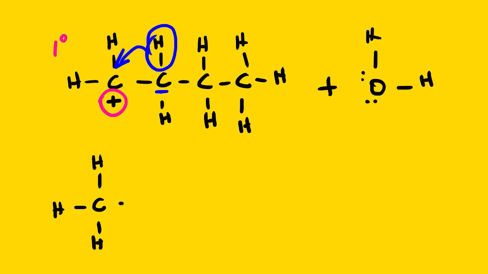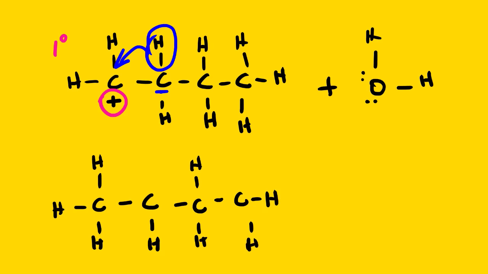So instead of 2 hydrogens, we have 3 of them, and then our new carbocation will be this one. So in this case, you can see it is a secondary carbocation because it is bonded to 2 other carbons.